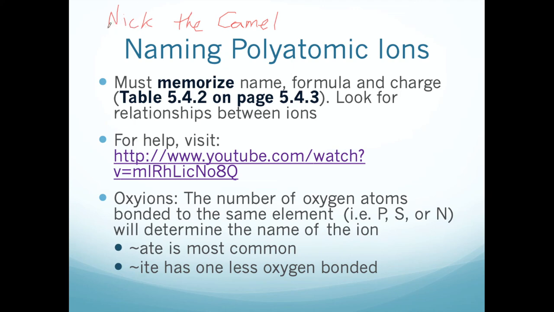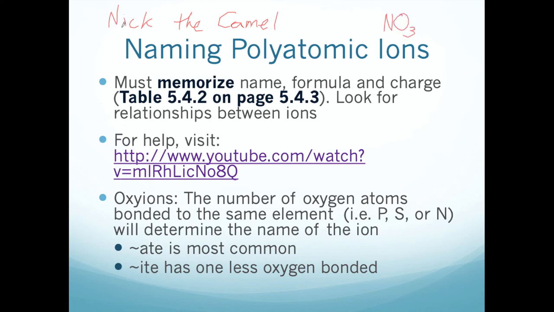The first letter tells you the nonmetal that is present. So, for example, the name Nick is to help you remember the formula of a nitrate ion. The capital N there gives you the N of your nitrate ion, that nitrogen. The number of consonants in the formula tells you the number of oxygens. There's an N, a C, and a K in Nick, so that tells you there's 3 oxygens in our nitrate.